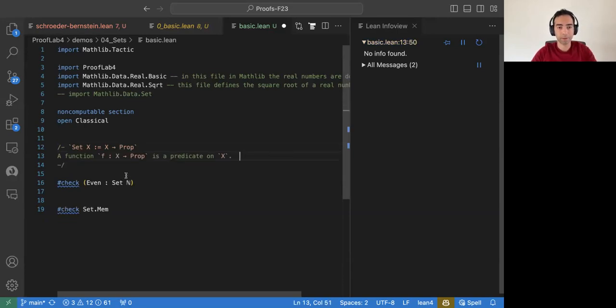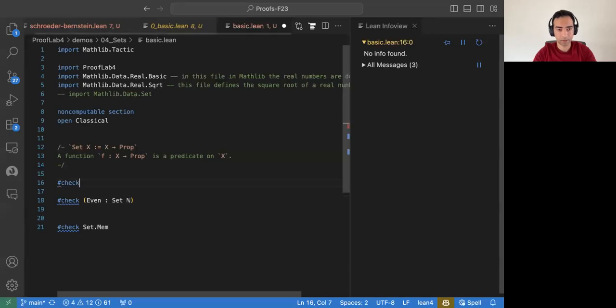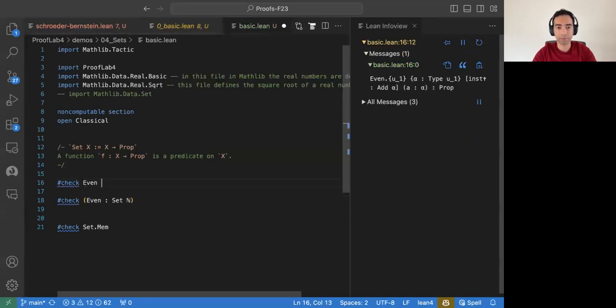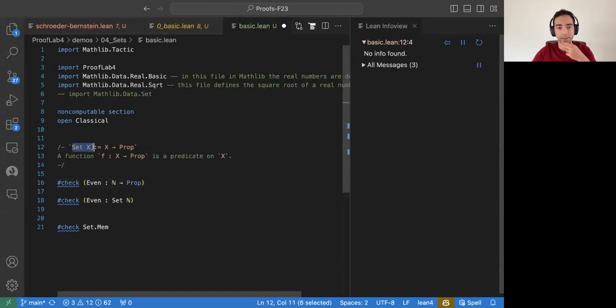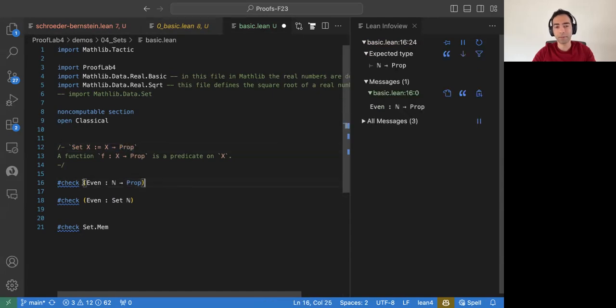So for example, even was a predicate on natural numbers, right? But now I'm defining this type Set X exactly to be the type of predicates on X. The reason for that is because if I have a predicate even, which says if a natural number is even or not, I want to form the set of all even numbers.